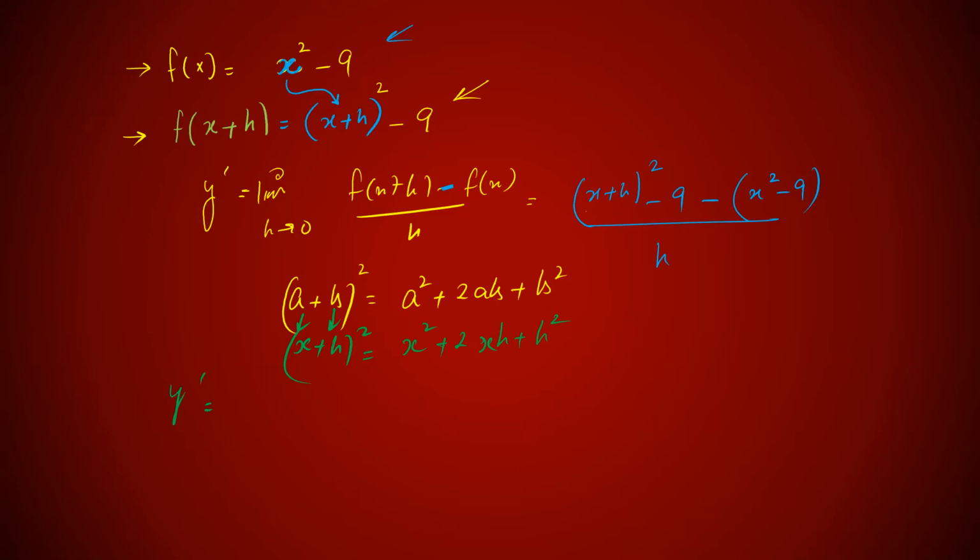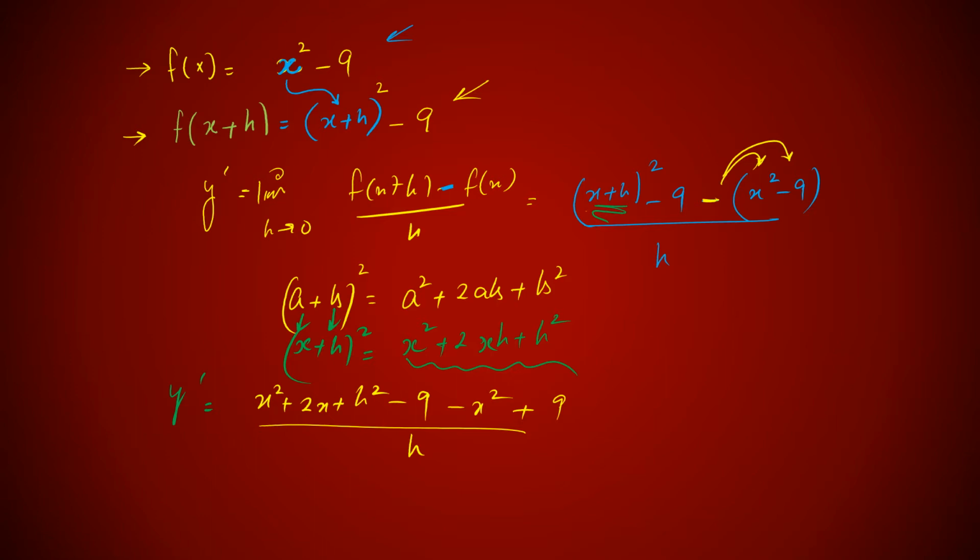Now continue solving. So instead of x plus h whole square, we can write x square plus 2xh plus h square. Then we have minus 9, and now open the bracket with the negative sign. So you will get negative x square, negative times negative, positive 9.